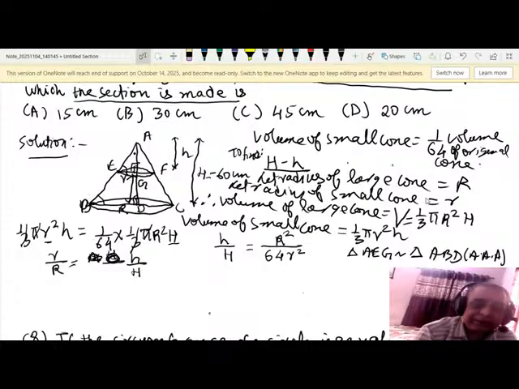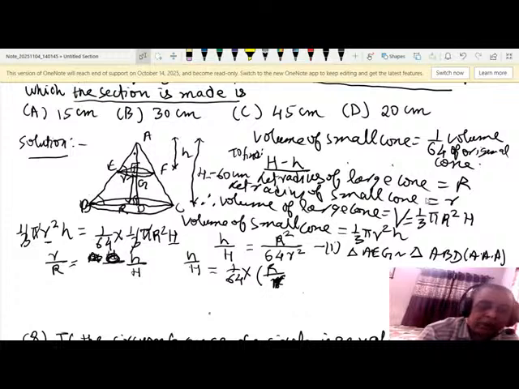Now we put these values in equation number 1. Small h by capital H is small r by capital R. On the left-hand side, small h by capital H is 1 upon 64 times capital R by small r.